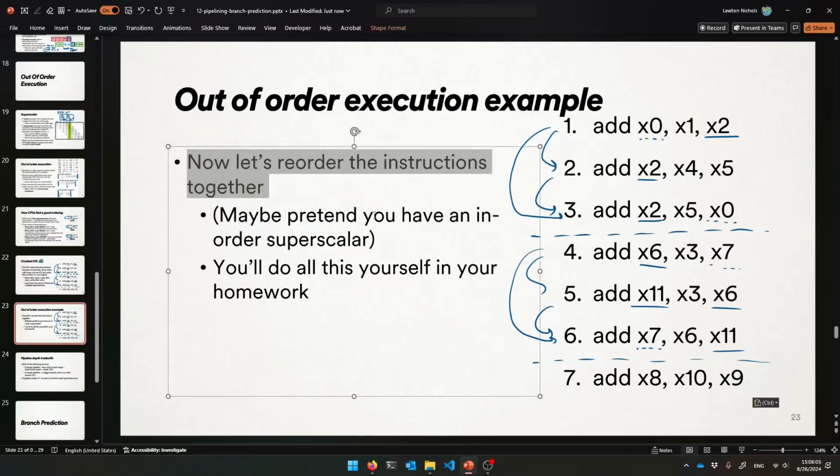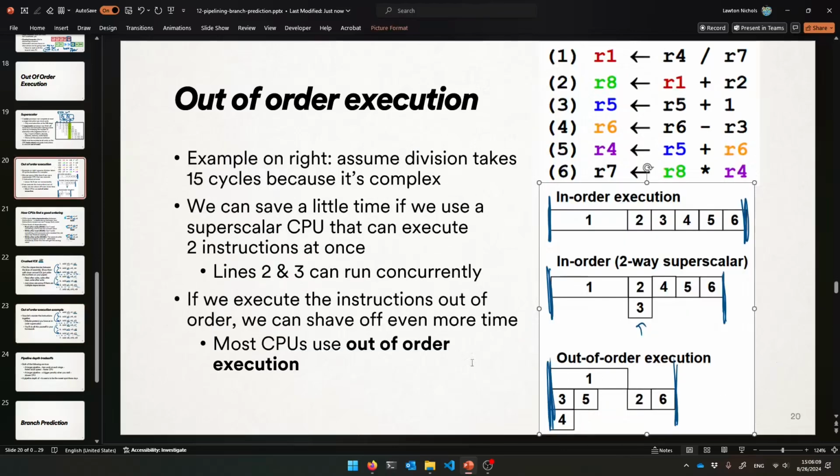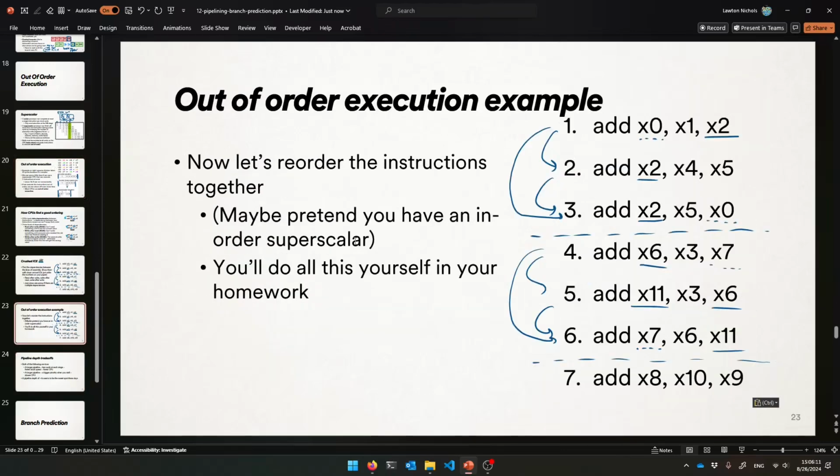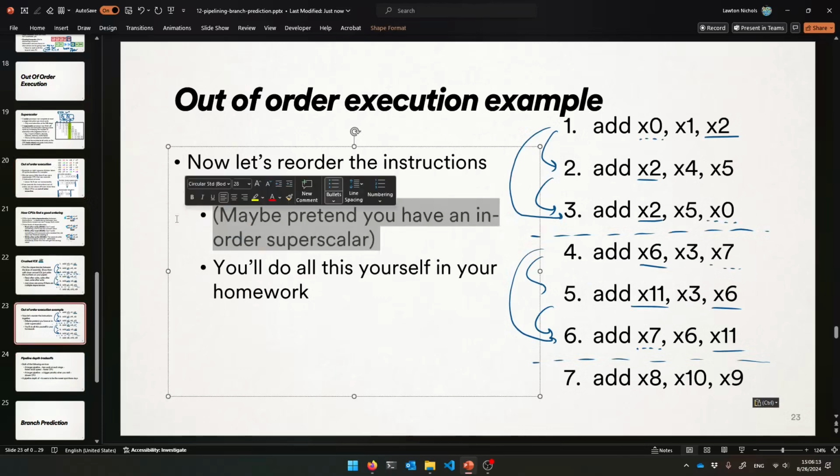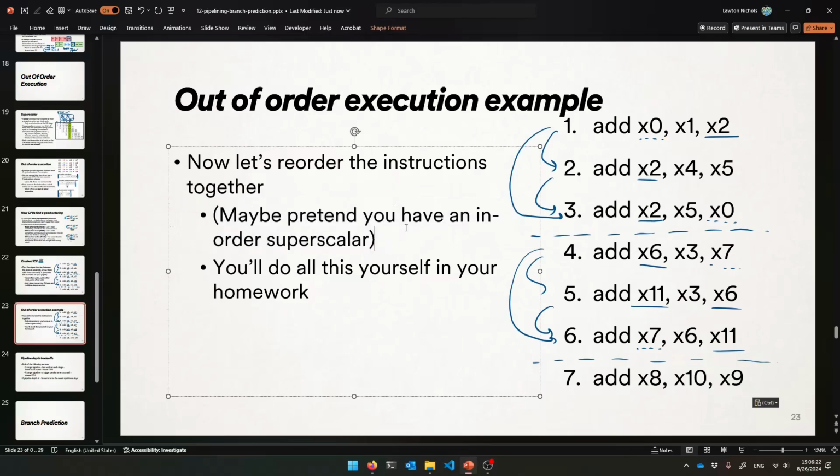Now let's reorder them together and try to get as much speed as possible. Draw a picture like this. Let's pretend we must execute them in order, and it's got to be superscalar. And we can also do out of order as well. So in order, superscalar, or even out of order.